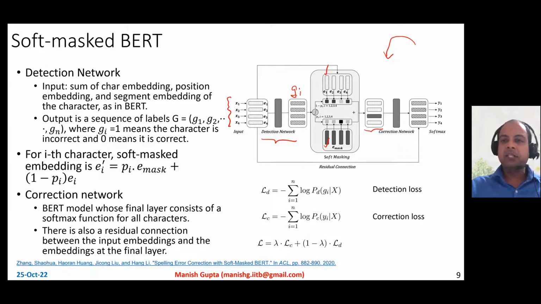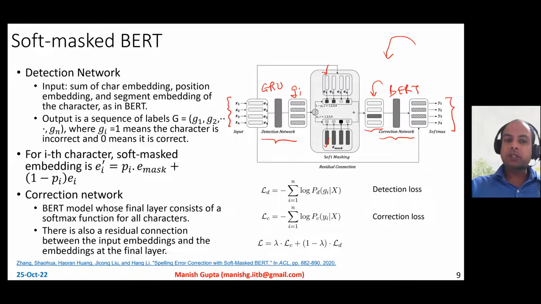So with the correct probability, you use the actual embedding. With the incorrect probability, you use the mask embedding. And that gives you soft masked embeddings, which go as input to a correction model, which finally leads to the corrected query. Okay? So here the detection network is going to be GRUs and the correction network is going to be BERT.